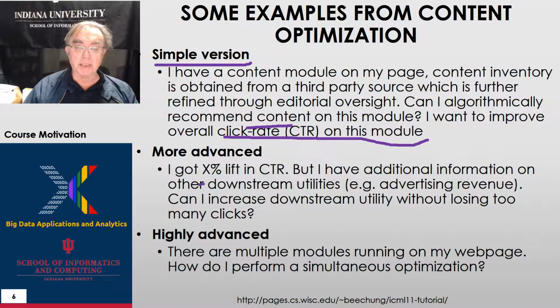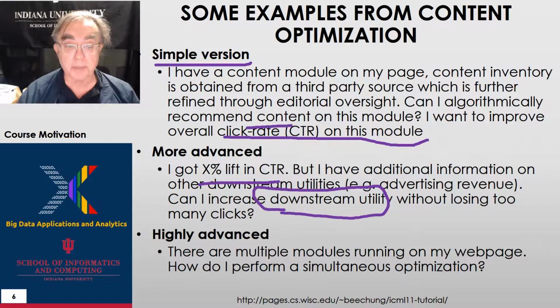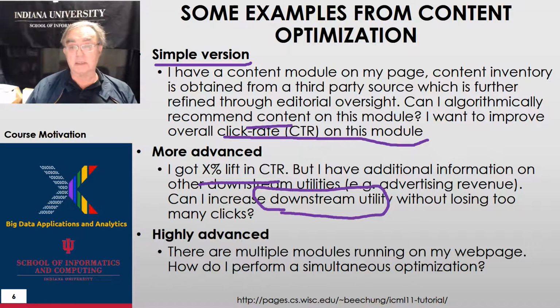And then I manage to make the click improve, but I also have additional information downstream as I further click through, and I want to increase the value of these downstream utilities. There's no point in people clicking if they're not going to go and buy the car at the car dealership. So we need to make certain we attract the right clicks.